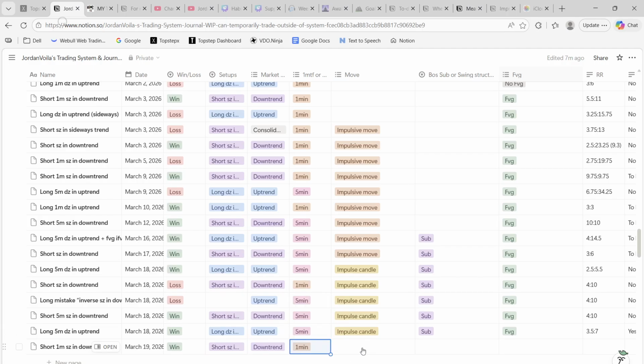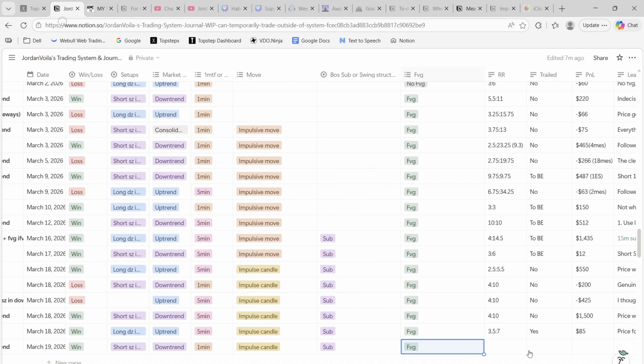This was a 1 minute time frame. Impulse candle, impulsive move is for the home runs, really. This was substructure. There was a fair value gap. Wait, no, there wasn't a fair value gap. Well, actually, there was a fair value gap, but not whenever I took it.